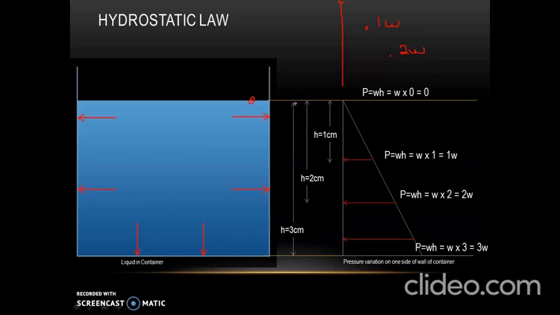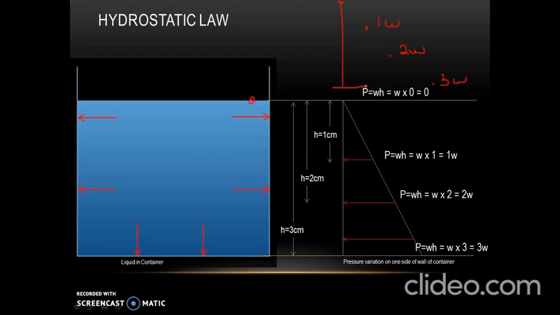Then next, since the height of the liquid is 3 centimeter, we will directly find out what is the pressure exerted at the bottom of the container. So for H equal to 3, we will get P is equal to 3W. So we will mark here P is equal to 3W. So we got values of pressure at various depths.